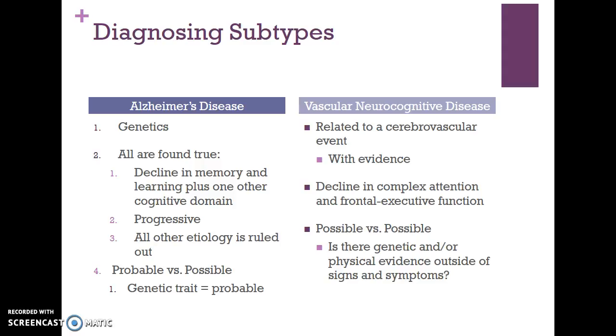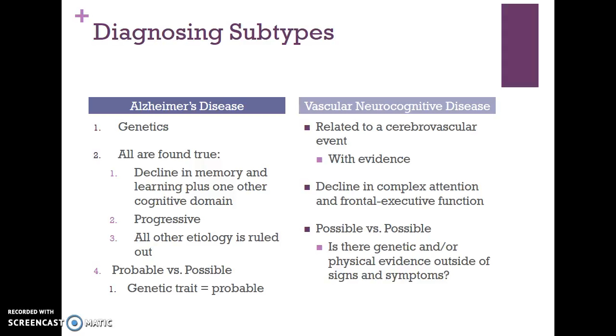The second subtype is vascular neurocognitive disease. This is related to a cerebrovascular event, also known as a stroke. There needs to be some sort of evidence outside of the signs and symptoms, such as neuroimaging or family history.